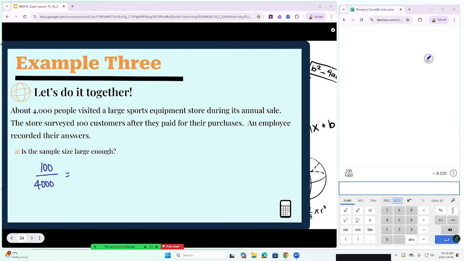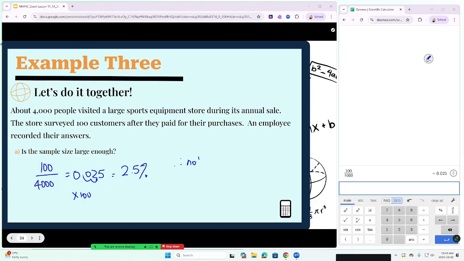Again, we get a decimal and we want to put it into a percentage. So that means we're going to multiply by 100. We're going to move 2 decimal places to get 2.5%.